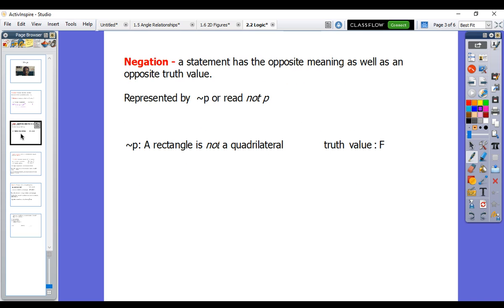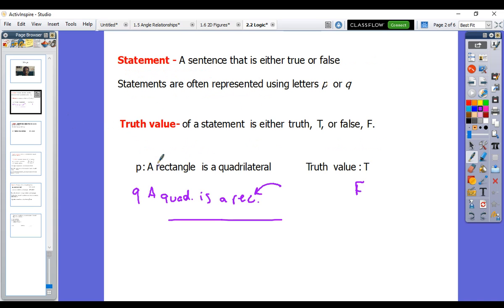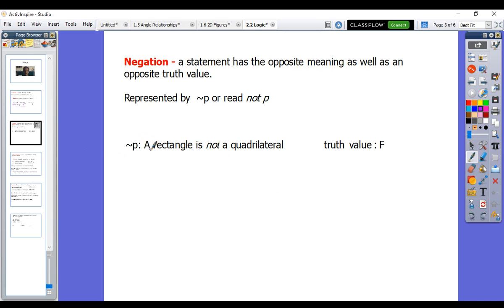Now, a negation is a statement that does the opposite of that. When they tell you, hey, negate the statement, make it false or make it true. So for example, our original statement, a rectangle is a quadrilateral, is true. To negate it's really easy. The symbol for negation is a little squiggly line. So this means not or negate.